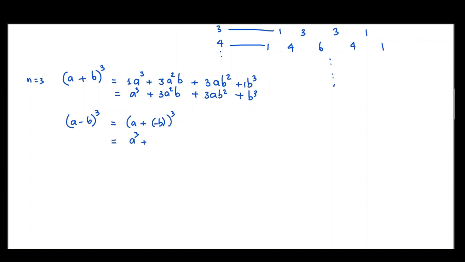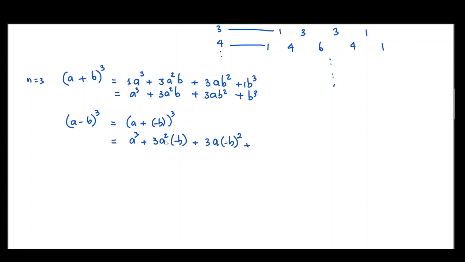The next one is plus 3a squared, but instead of b now we have negative b, and then plus 3, where the power of a is decreased by 1, so we have a times negative b squared.